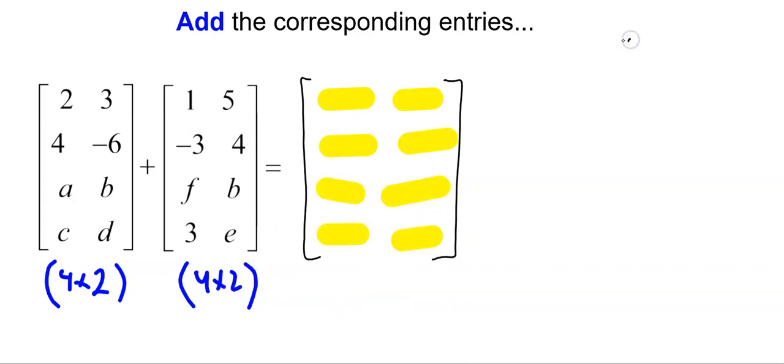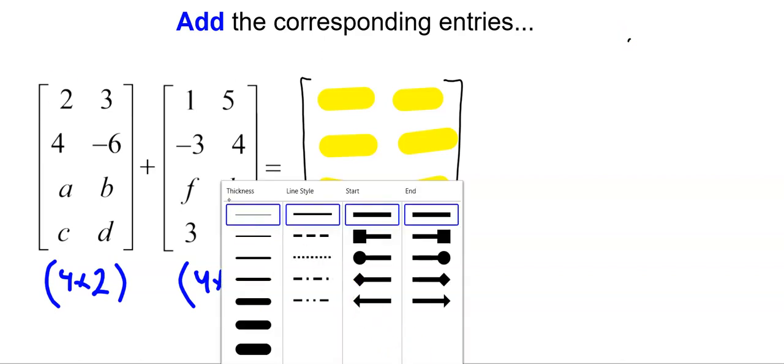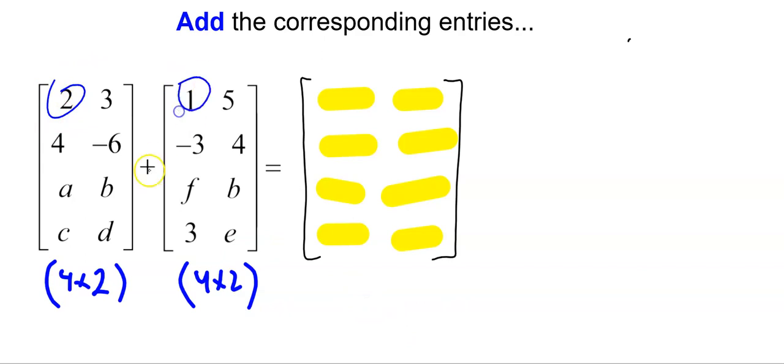Okay. So to get, say, the top left here, the top left is 2 plus 1. So 2 plus 1 is 3. The top right term, 3 plus 5 is 8. This is really easy to do, right? In the left-hand column, the second term down, 4 and -3 adds up to 1. -6 plus 4 is -2.